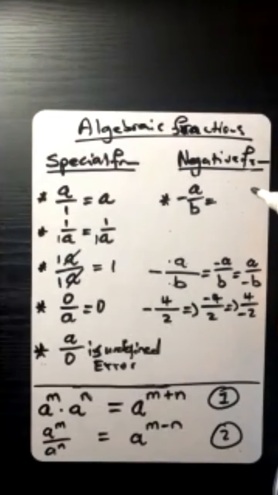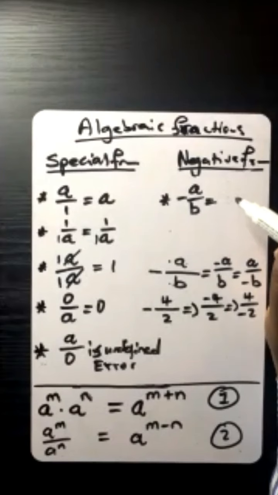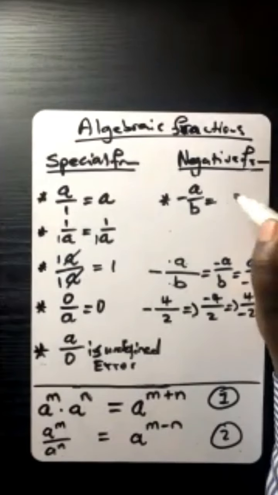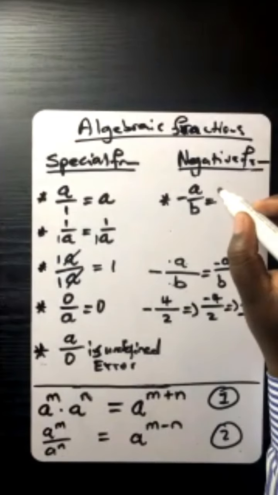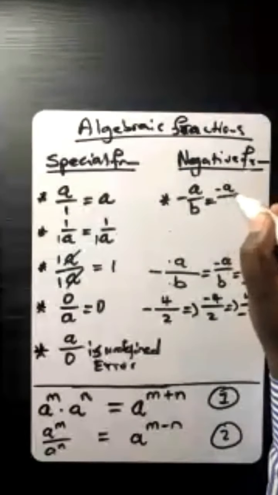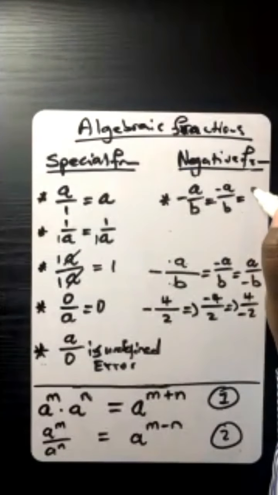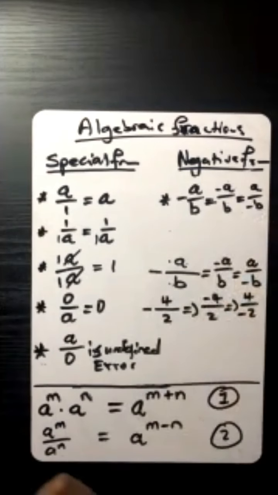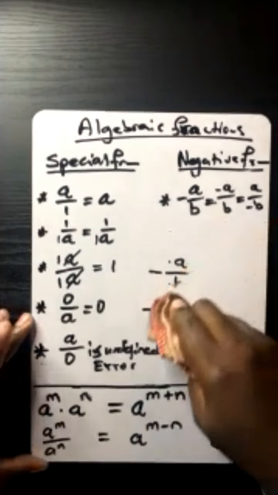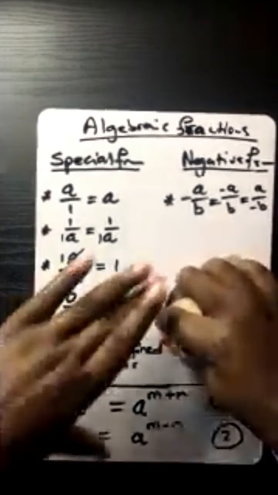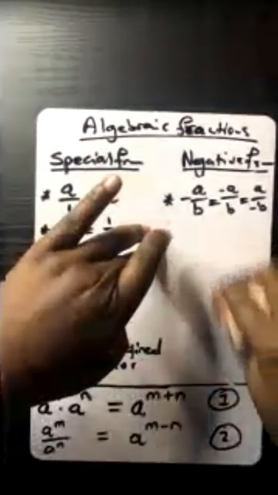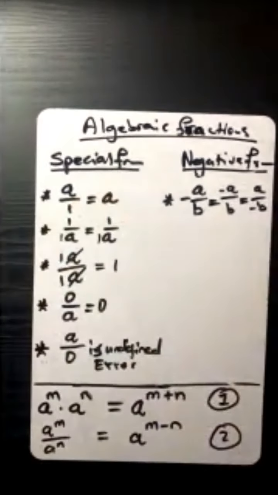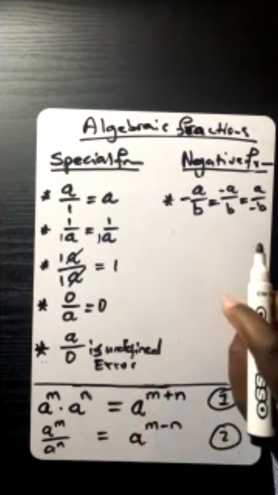It doesn't matter which number it is. So that means this is the same as negative A divided by B, which is still the same as A divided by negative B. So it's more like I'm teaching you one of the basic rules that you need to be aware of, so that when we proceed to the actual problems, you fully understand how to operate those basics.